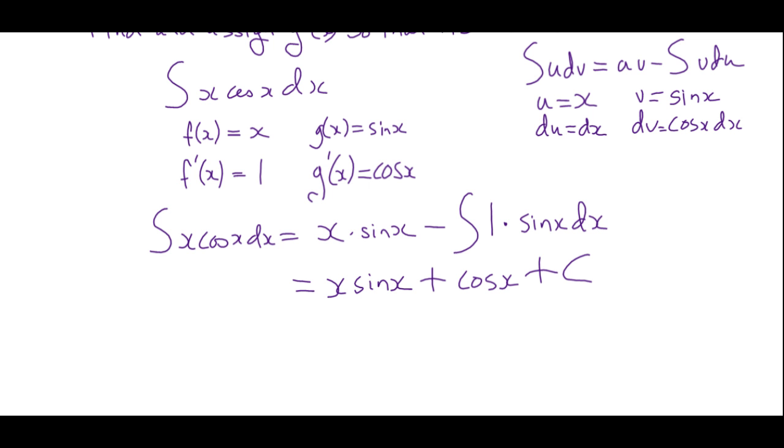Okay, so this is the order we go in, right? We pick u, we work out du. We pick dv, which is the cos x dx. So there's u, there's dv, and so we've got u, dv, du and v.